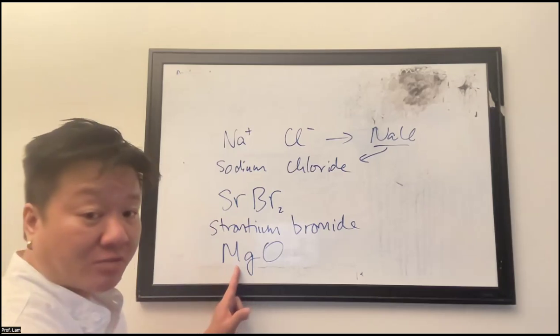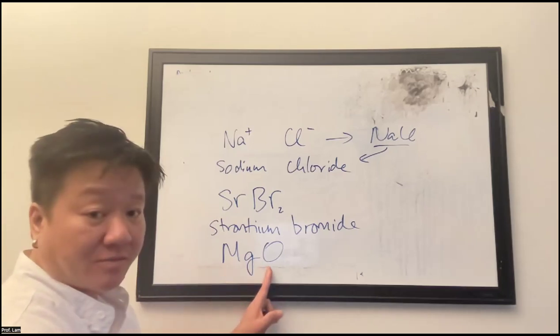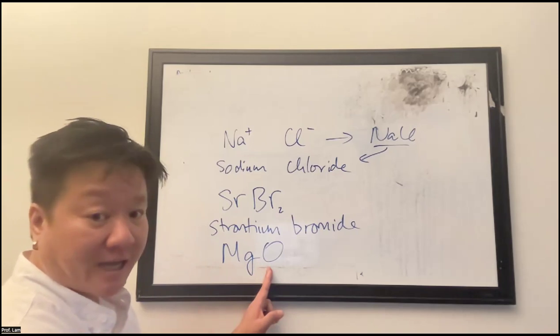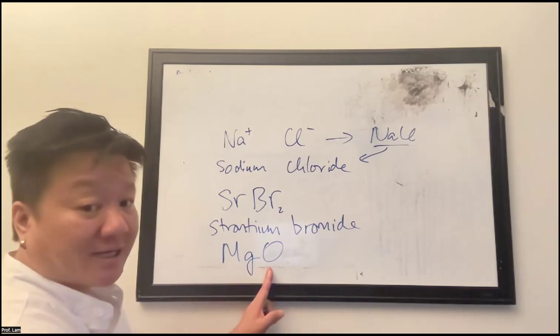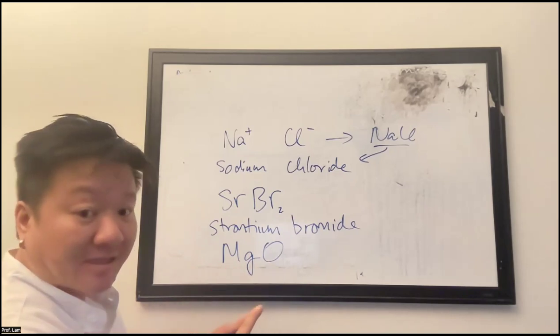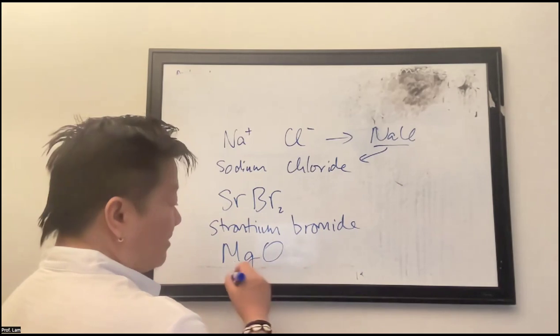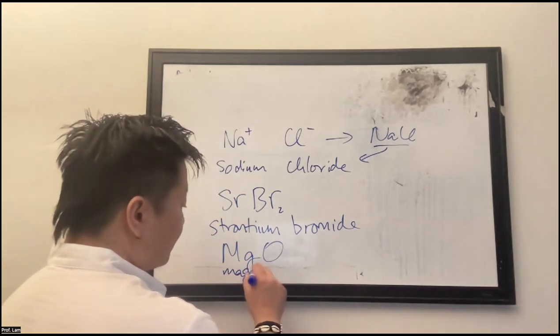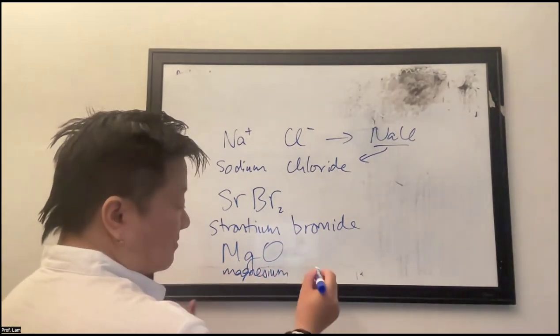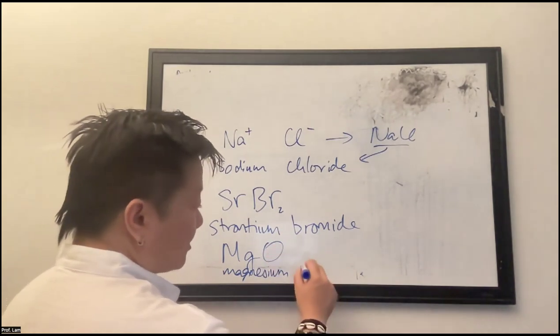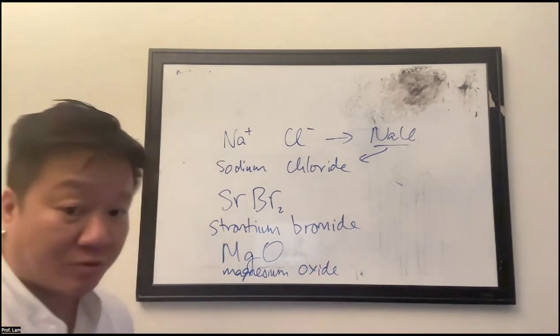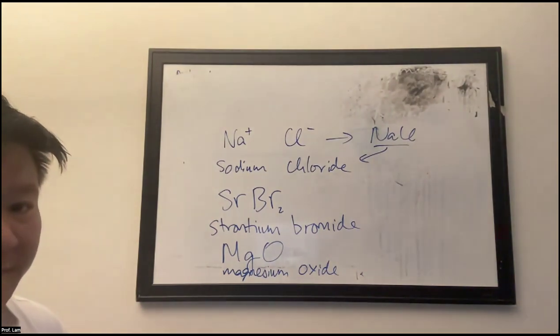So Mg is going to be 2 plus. Oxygen is going to be in group 6A. So it will be a 2 minus. A 2 plus and a 2 minus, that's why they come together, right? To make a neutral MgO. So how do you name it? Magnesium. The metal just gets the element name, and then oxygen, the O2 minus, this is oxide.